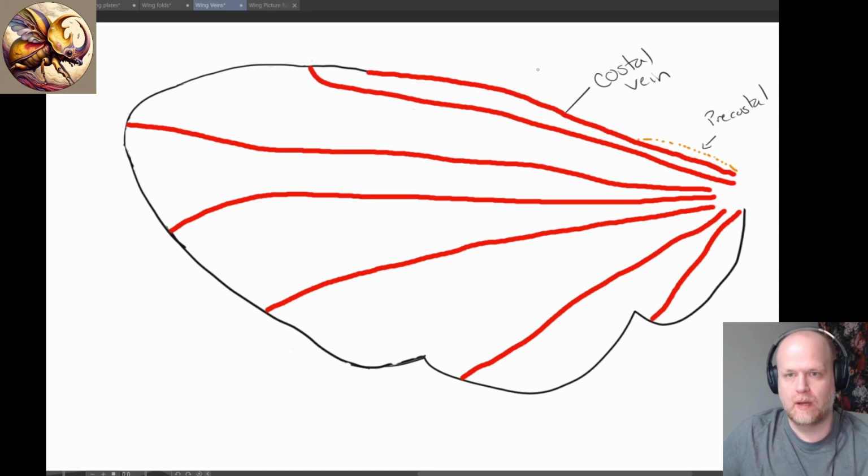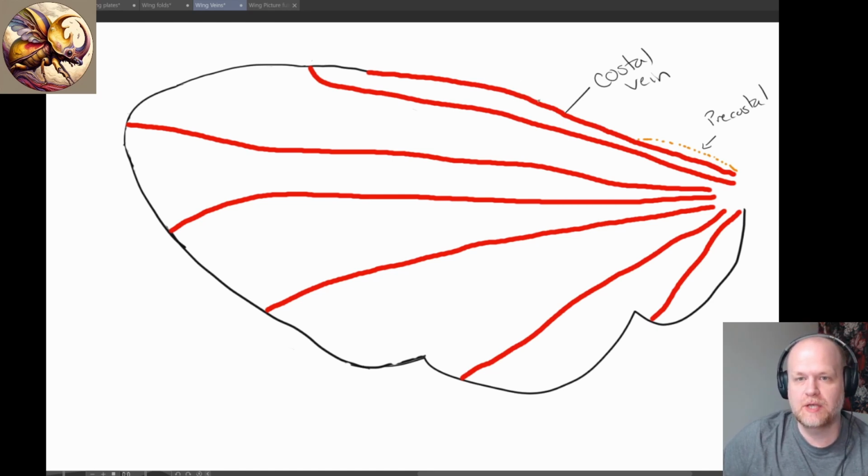I should also point out, since we're talking about this, that these major veins are generally much thicker than all the other cross veins and things like that on the wing, and these veins contain blood vessels, or in this case hemolymph vessels, nerves, and trachea. So it allows oxygen to get in. So there's blood flow, there's nerve electrical impulse, and there's oxygen getting in.